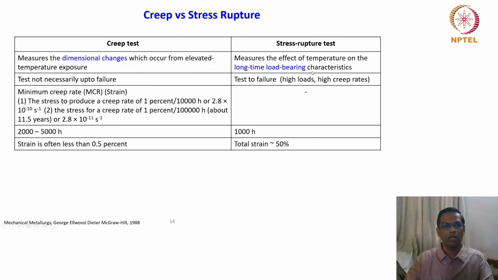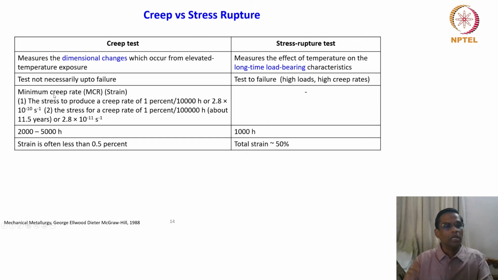This is very important. The creep test is not necessarily run up to failure, because we are only interested in steady state creep, which is the design parameter. But the rupture test is to failure and normally involves very high loads and very high creep rates. Tertiary creep and all we will cover.